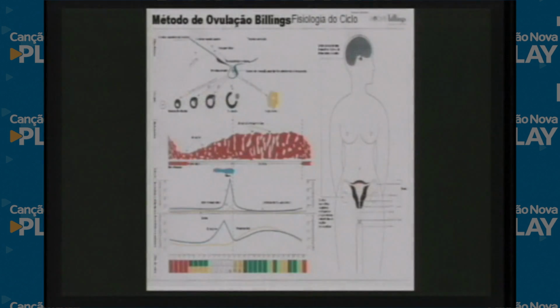The next line shows the developing follicle. You can see that it's starting very small, and it grows over the time of fertility.